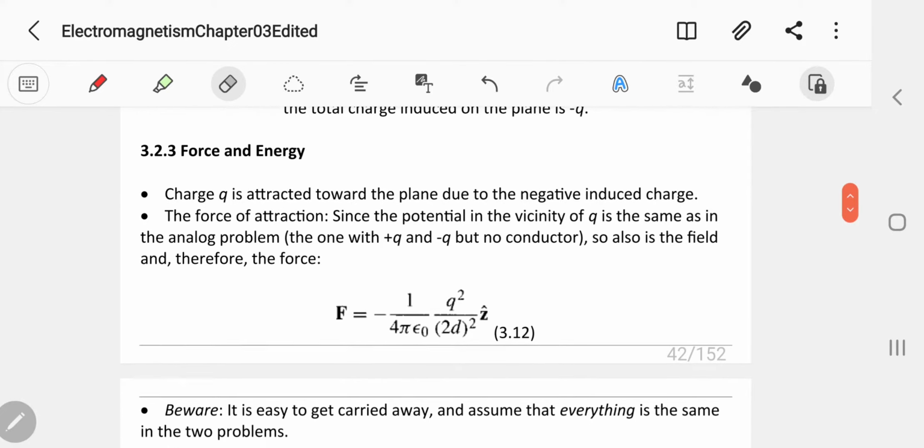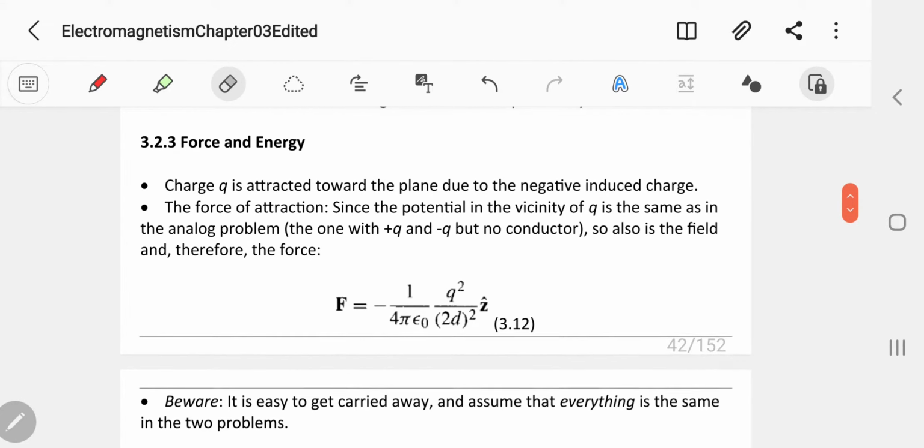So what is the force between the two charges, the induced charge and the original charge q? Of course the induced charge would have a distance of negative d, so that they add up to 2d, the distance between the two charges.